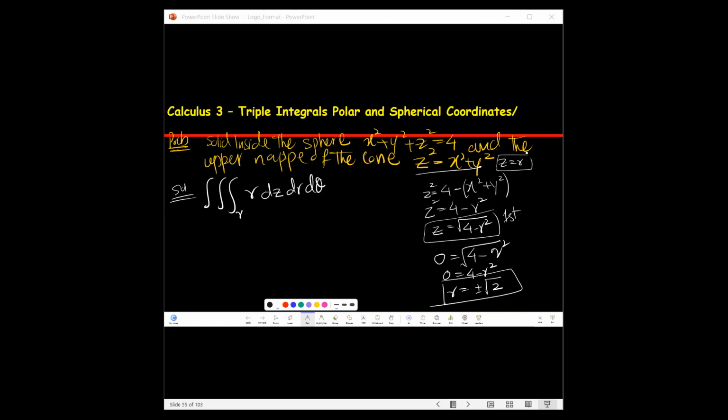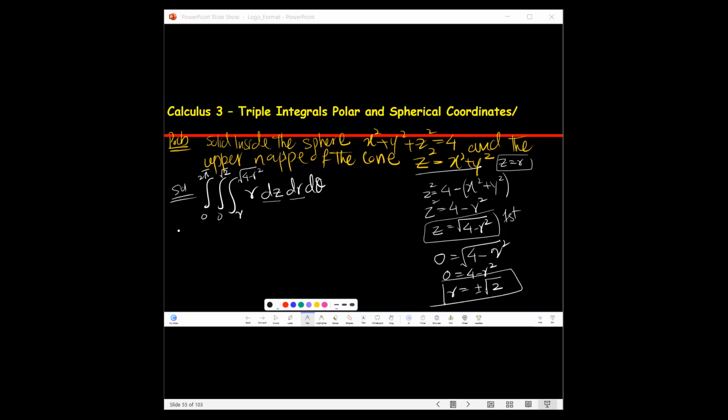So that's the bottom limit for this dz. My first operator is z, so I substitute the dz limits, and the upper limit is 4 minus r squared. The second limit is r, so it goes from 0 to square root, and then theta goes from 0 to 2 pi.